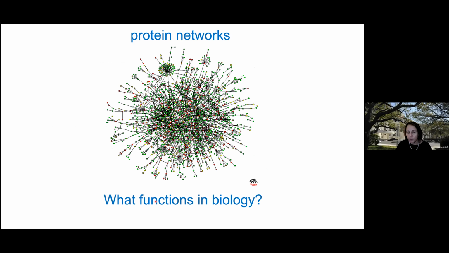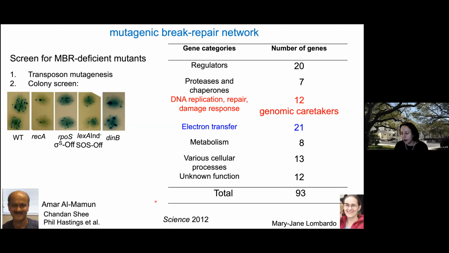Let's take a very brief look at the network of proteins that supports this. Mary Jane Lombardo, when she was a postdoc, followed by Amar Al-Mamun, did a transposon mutagenesis and screened for all kinds of mutations that would stop stress-inducible mutagenesis.